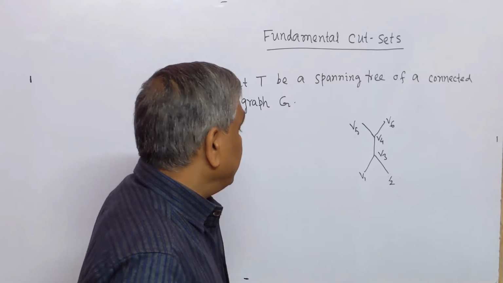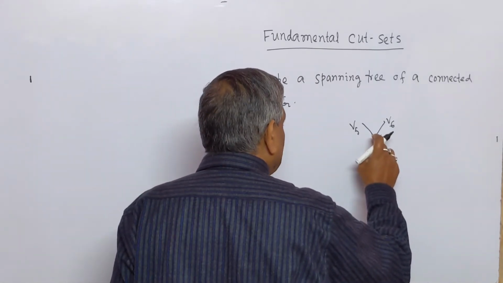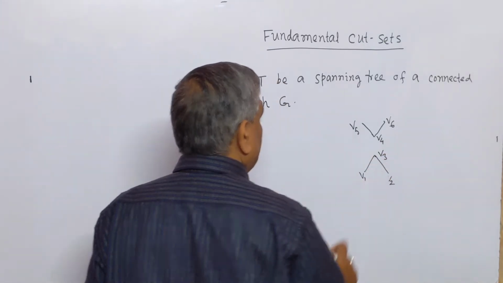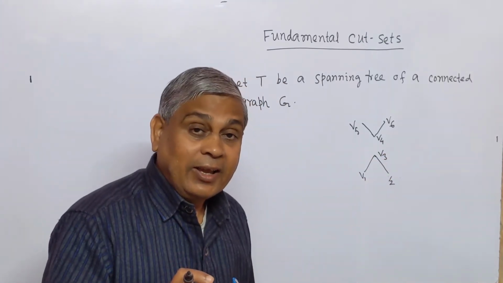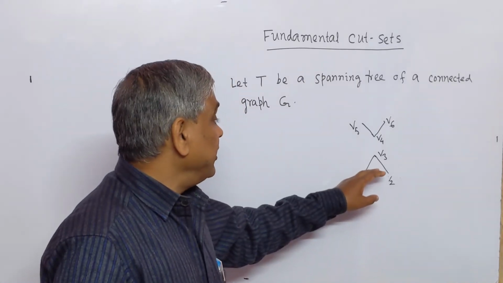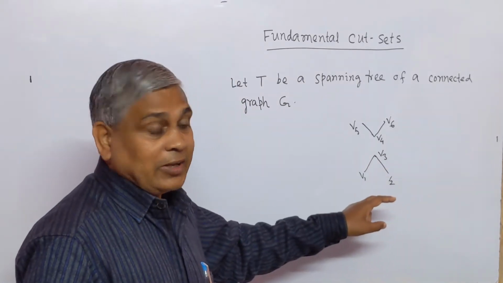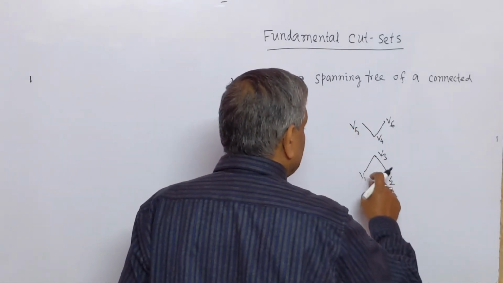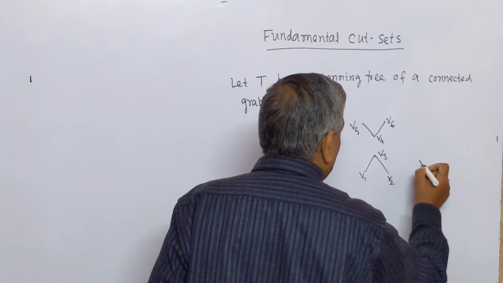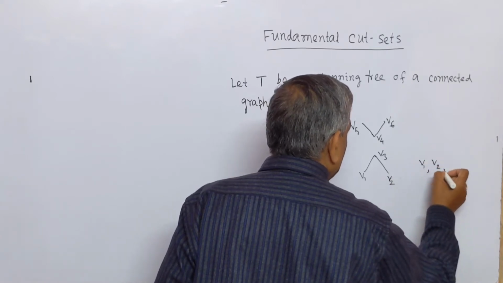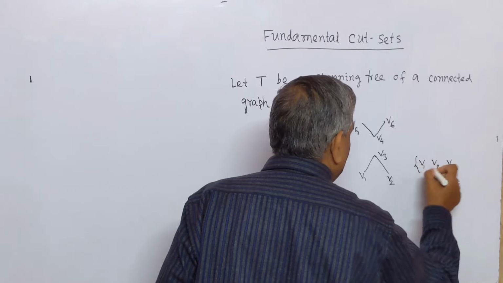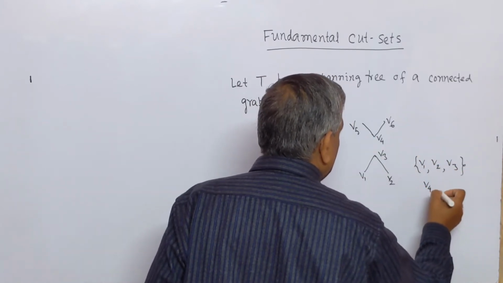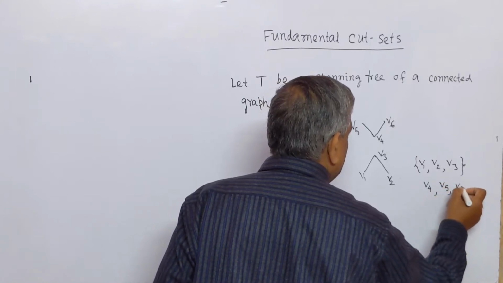If we remove one edge from this tree, the resulting graph is a disconnected graph. Here we see that in one set vertices are V1, V2, V3, and in other set vertices are V4, V5, V6.